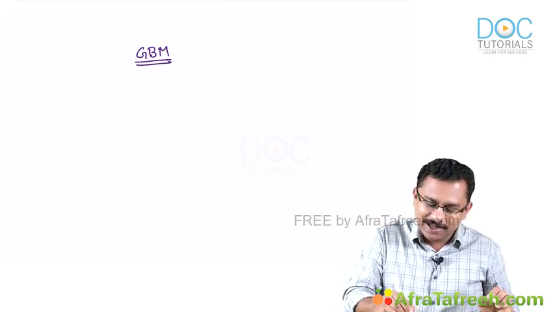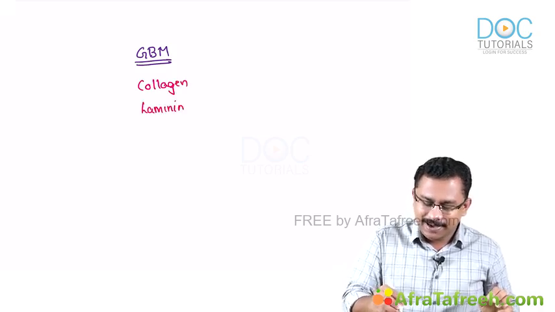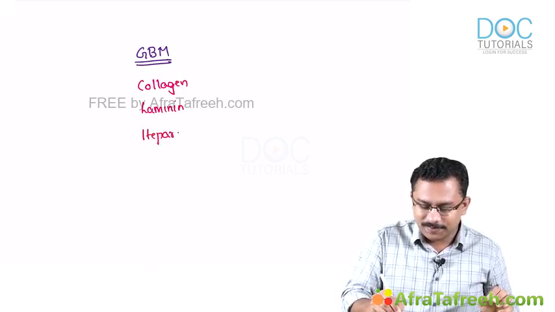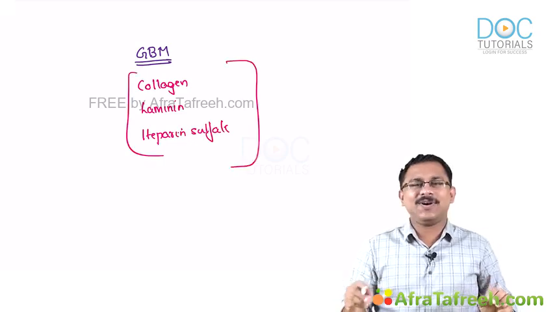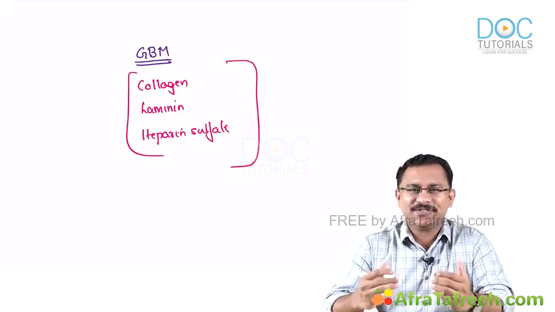This includes collagen, laminin, and heparan sulfate. There are different components for this glomerular basement membrane, which makes it a very tough structure.